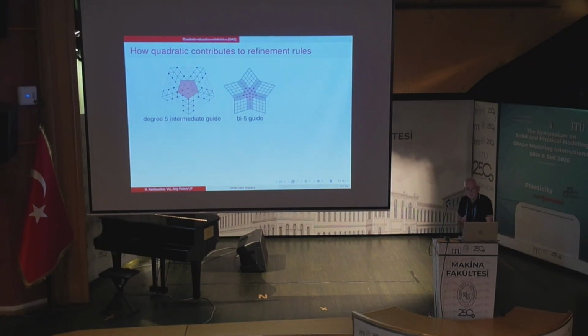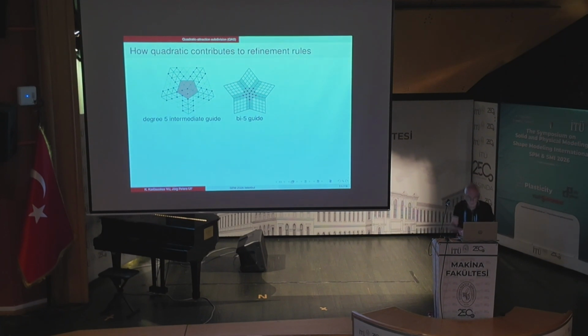Later on, we switch from this intermediate guide to a degree 5 guide, since it gives us more freedom, which is really important to get high quality. And all calculations are done in symbolic form. In our case, we use Maple.